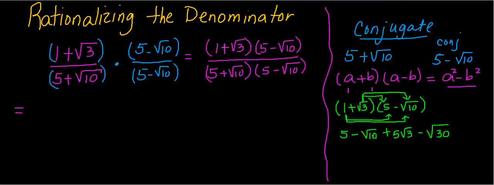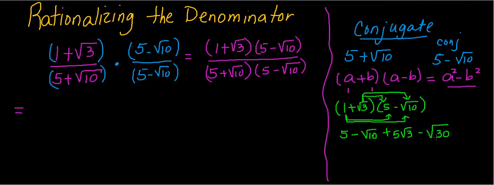And that's what you get for your numerator here. Now, let's try and simplify this a little bit. 5, I don't have anything else to combine it with. Square root of 10, I can't combine with anyone else because for this to have a like term, I would need another expression with the square root of 10.